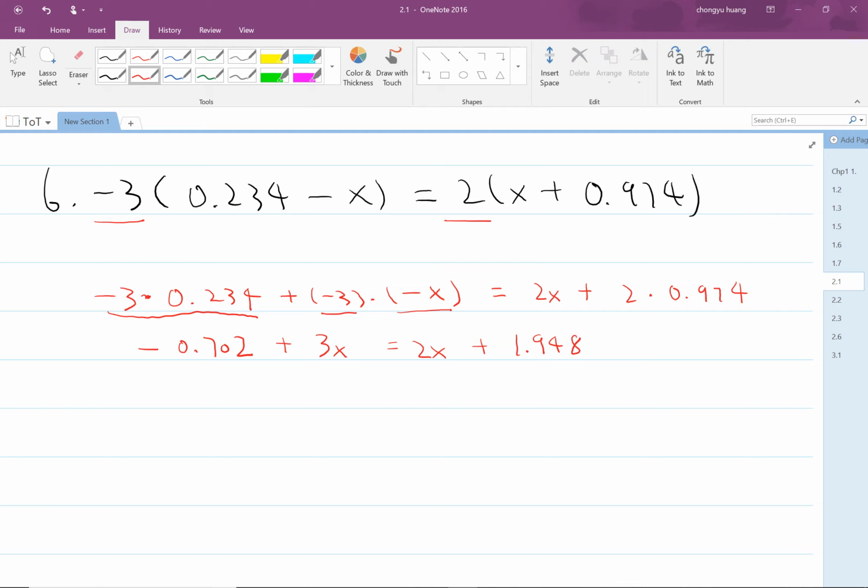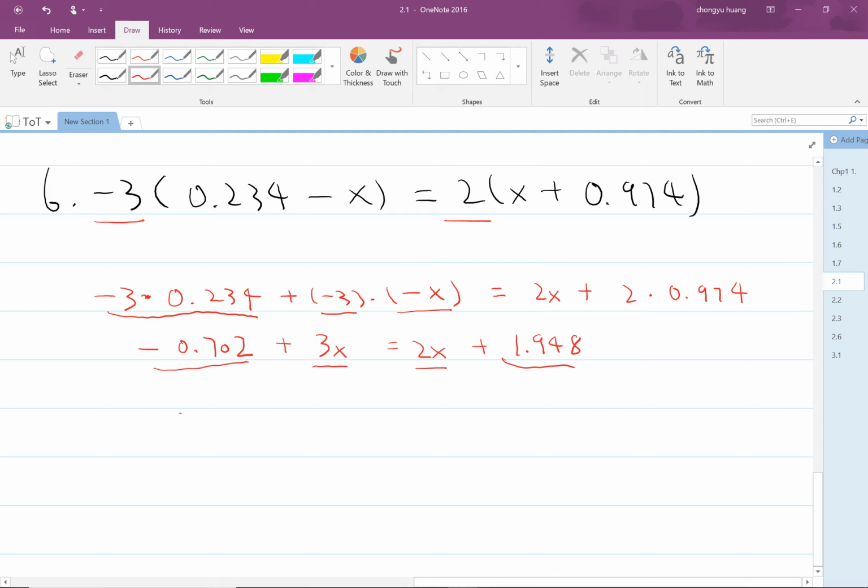And after that we just follow the same thing over again, right? As I said before, at this point we have 3x and 2x, and we have those integers, so we have to put the variable on one side and the integer on the other side, right?